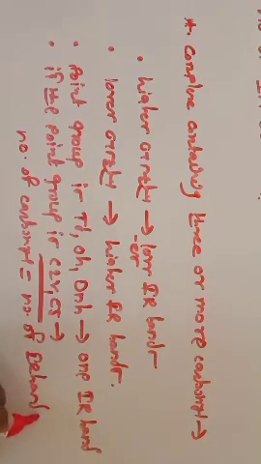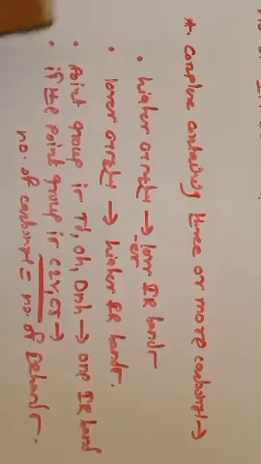If there are 3 carbonyls, we get 3 IR bands. If there are 2 carbonyls, we get 2 IR bands. If there are 4 carbonyls, we get 4 IR bands.